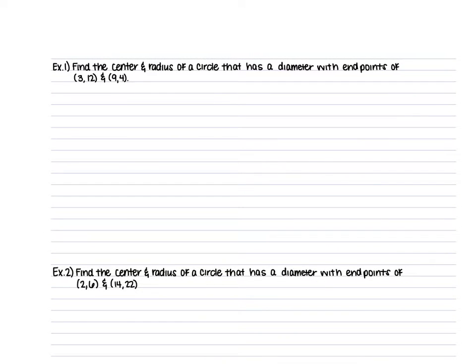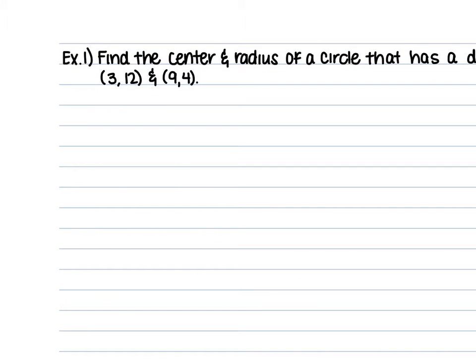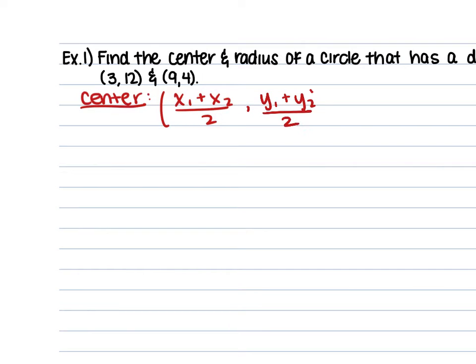So in example 1, we have to find the center and the radius of a circle that has a diameter with endpoints of (3, 12) and (9, 4). So to first find our center, we are going to use the midpoint formula. So that's going to be x1 plus x2 divided by 2, comma y1 plus y2 divided by 2.